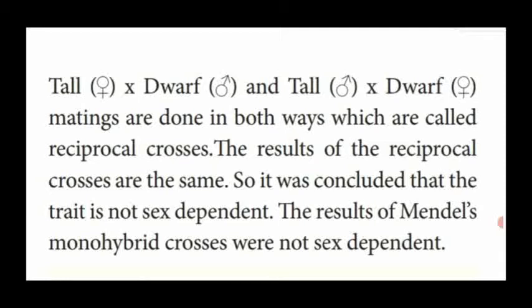In both the ways, they are giving the same result, that is all are tall plant. That type of cross is called reciprocal crosses. Reciprocal crosses means we are exchanging the parental character, but they are giving the same result. At all times, reciprocal crosses are giving the same result.